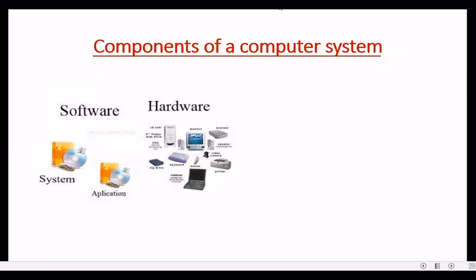Actually, Windows is a medium of communication between the computer hardware, such as keyboard, mouse, monitor, CPU, and the user. User means the person who is working on the computer. So Windows creates a communication.